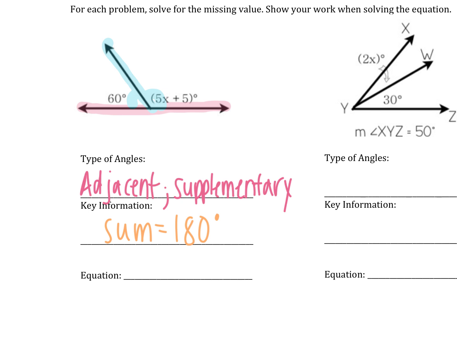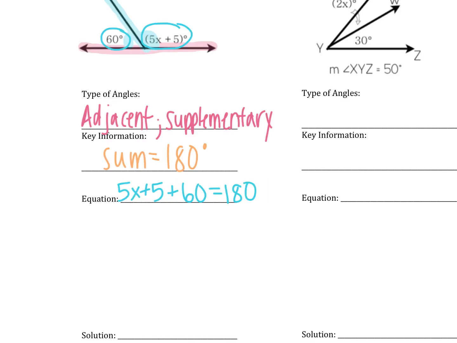So now I need to write an equation. And I have this expression right here, 5x plus 5, plus this angle over here, the 60 degrees, add up to 180 degrees. So my equation is equal to 180. So now we need to solve the equation to solve for the missing variable.